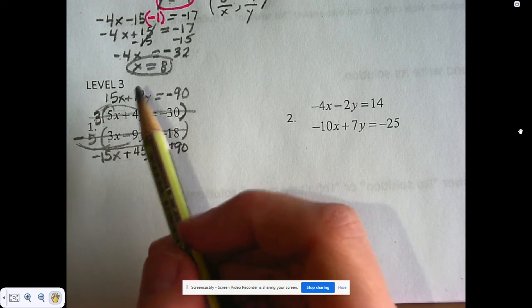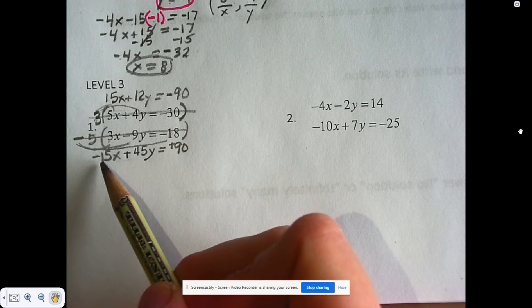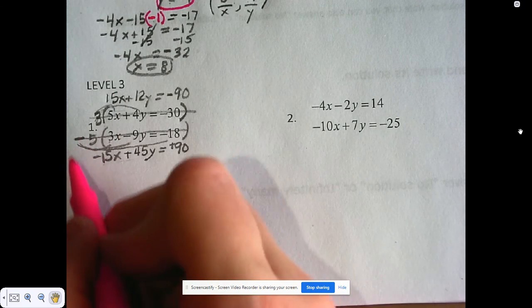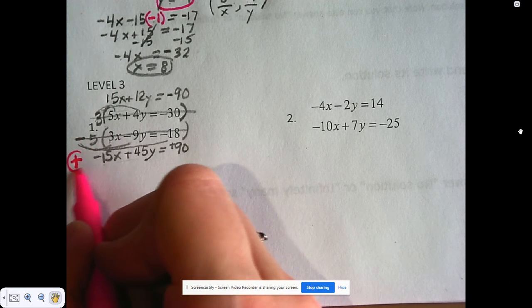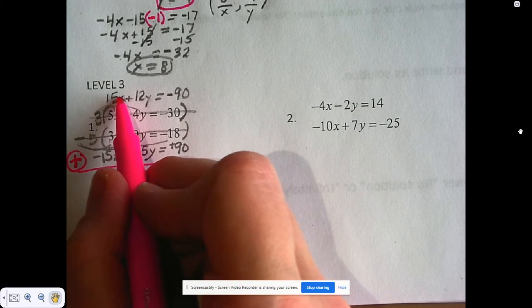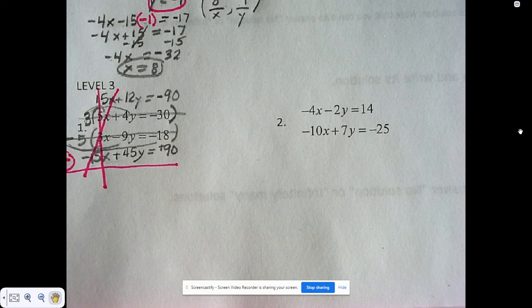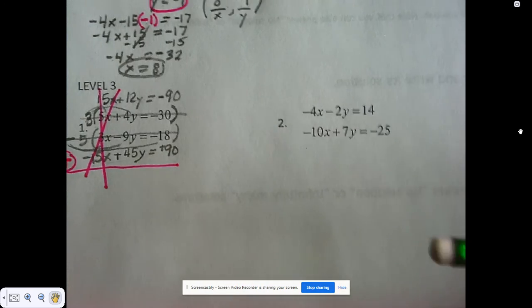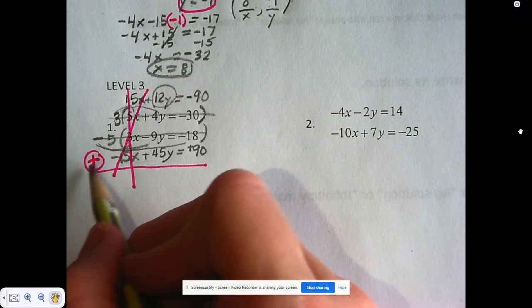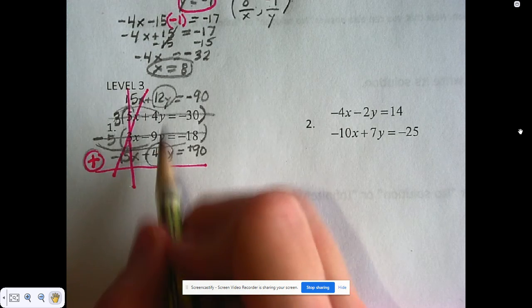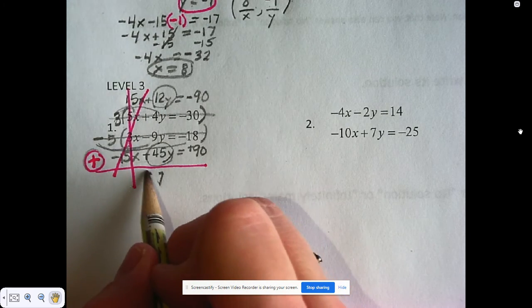So I now have the coefficient 15 and the coefficient -15. Because they are opposite, I am going to add. 15 plus -15 eliminates, that is 0. Then I continue on with 12y plus 45y gives me 57y.